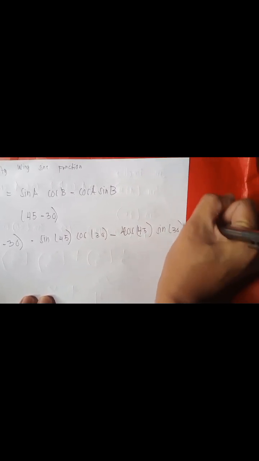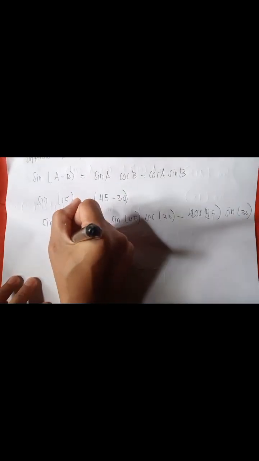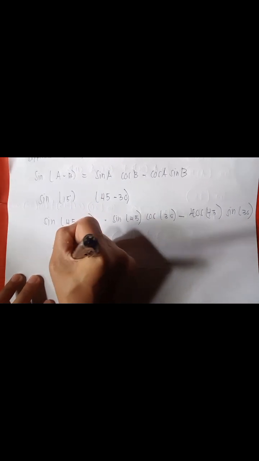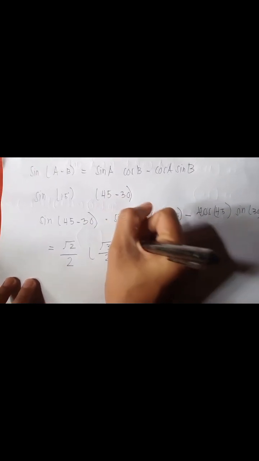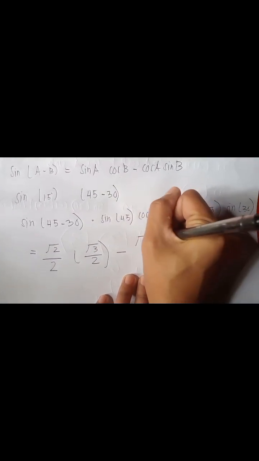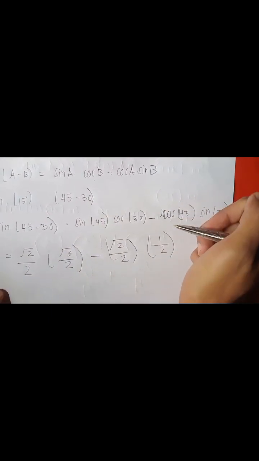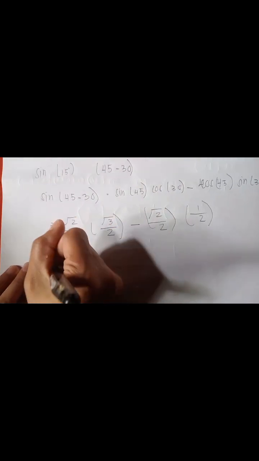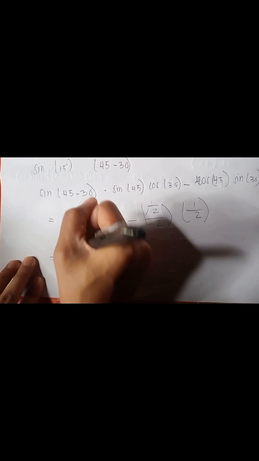So what is sine 45? So, square root of 2 over 2 and cosine 30 is square root of 3 over 2. Minus cosine 45 is square root of 2 over 2 and sine 30 is 1/2. So, 2 times 3 equals 6. 2 times 2 equals 4.